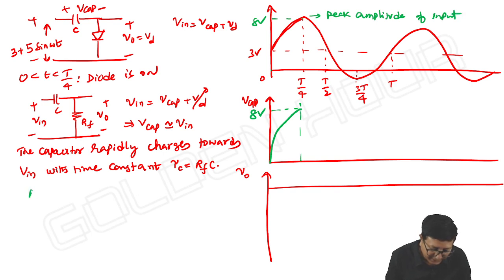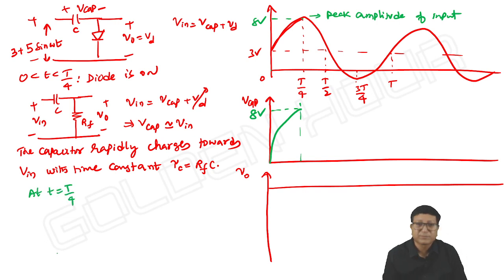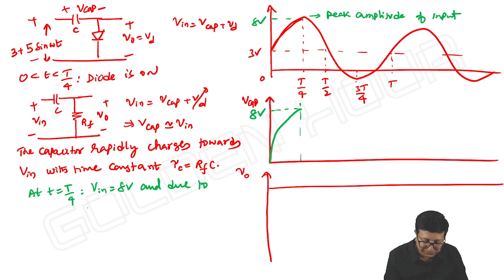Now at t equal to T by 4, the input is equal to 8 volts, and due to the small delay, V capacitor is slightly less than 8, maybe 7.9 volts.